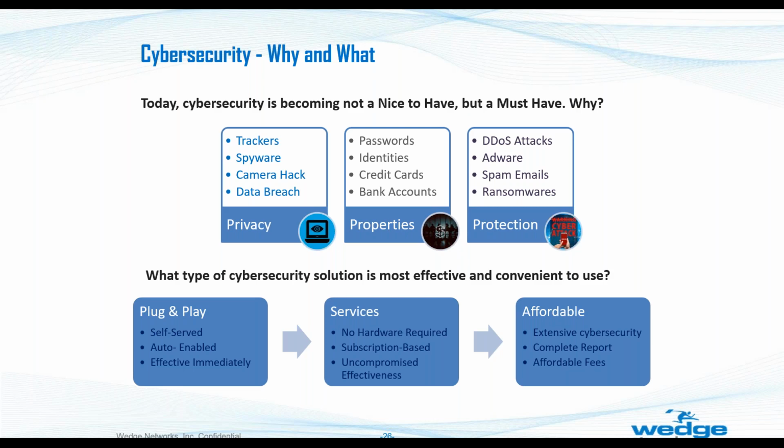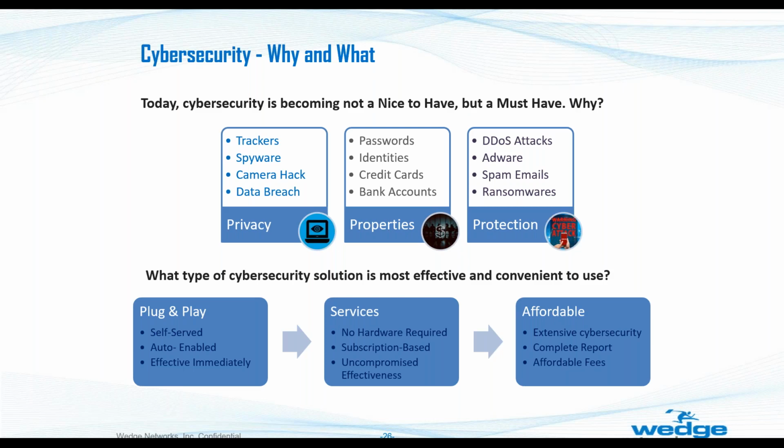The threats to privacy are quite specific and include trackers, spyware, camera hijacking, data breaches, and more. In fact, each of these is something that most of us dislike, right?